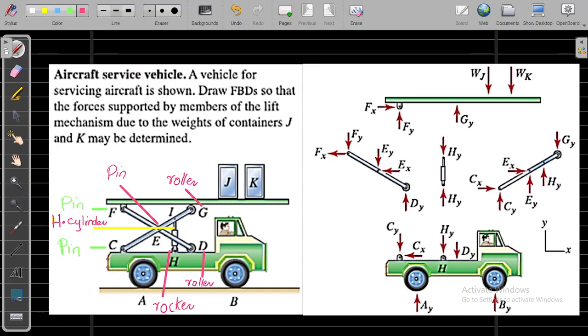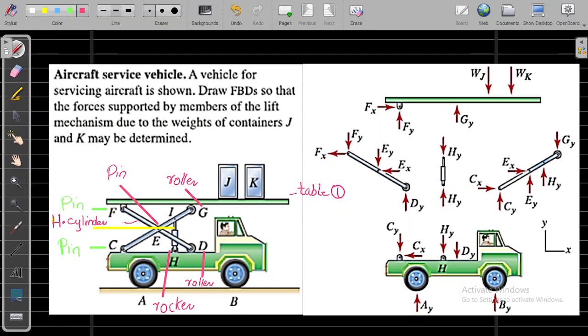Okay, we will further simplify it by saying that this is our table. We give it the number 1.